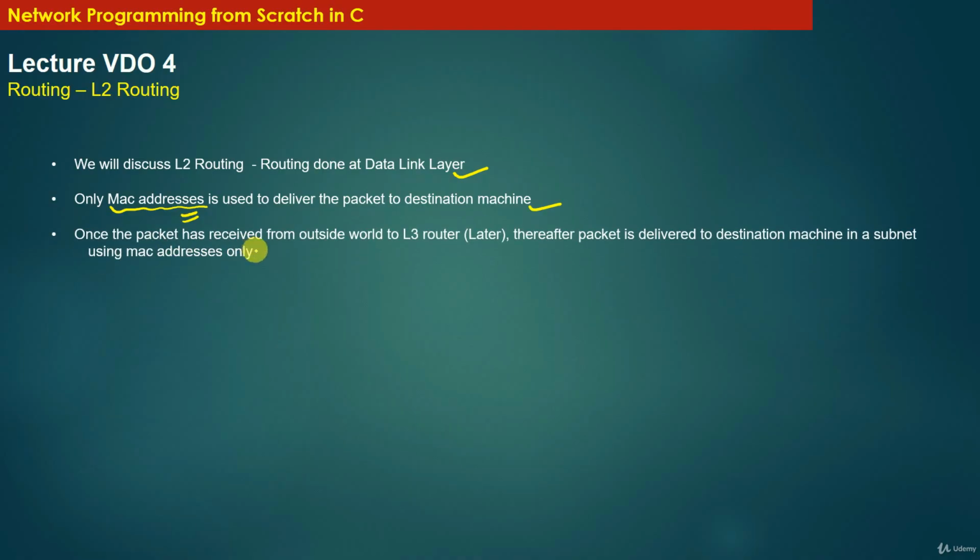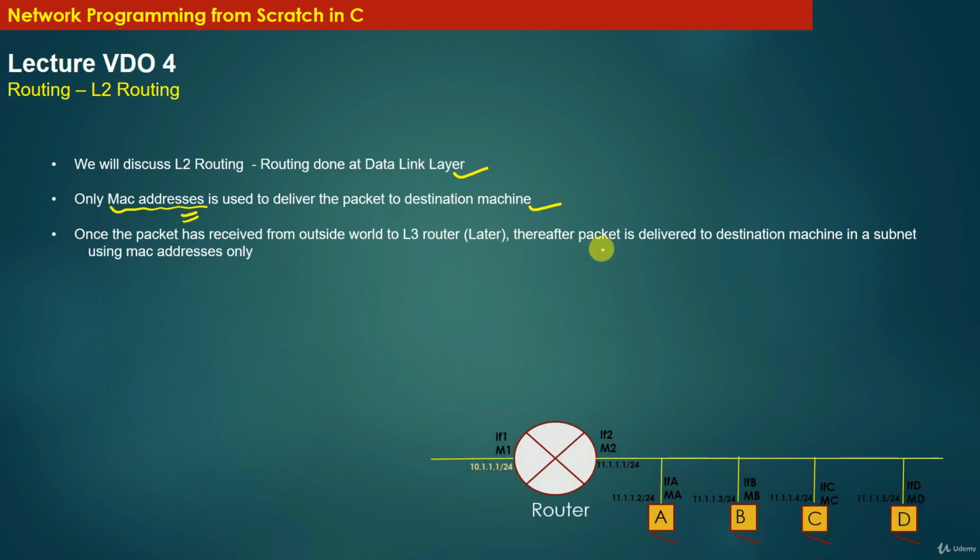Once the packet is received from the outside world by the L3 router, thereafter the packet is delivered to the destination machine in a subnet using MAC addresses only. You can see in this diagram we have an L3 router, and this L3 router has two interfaces. The two interfaces host a subnet.